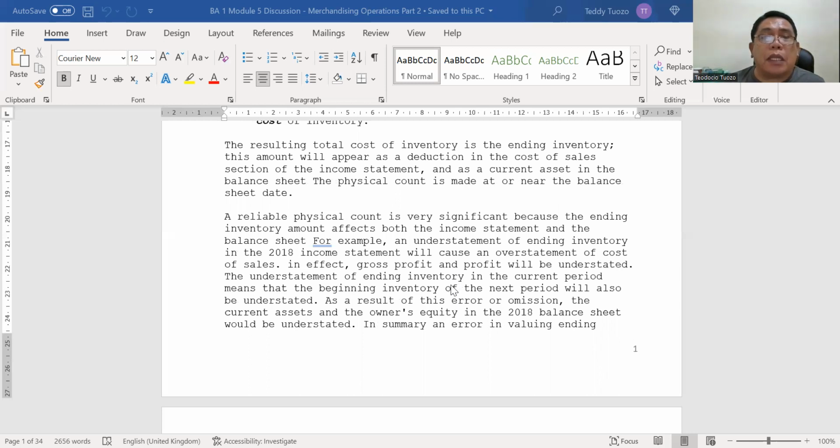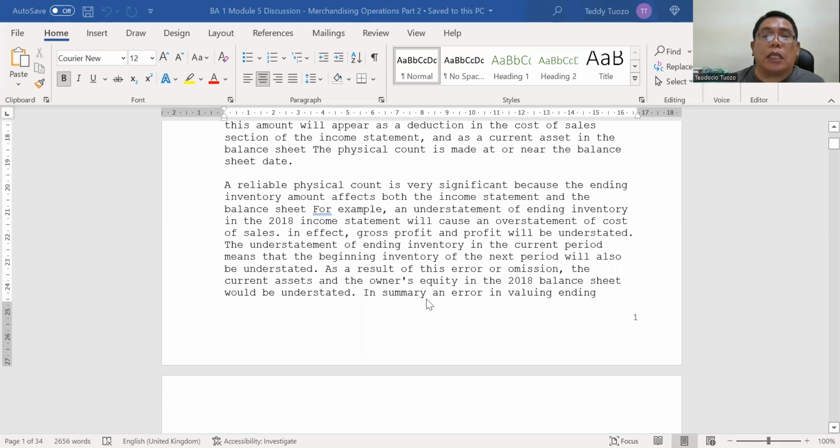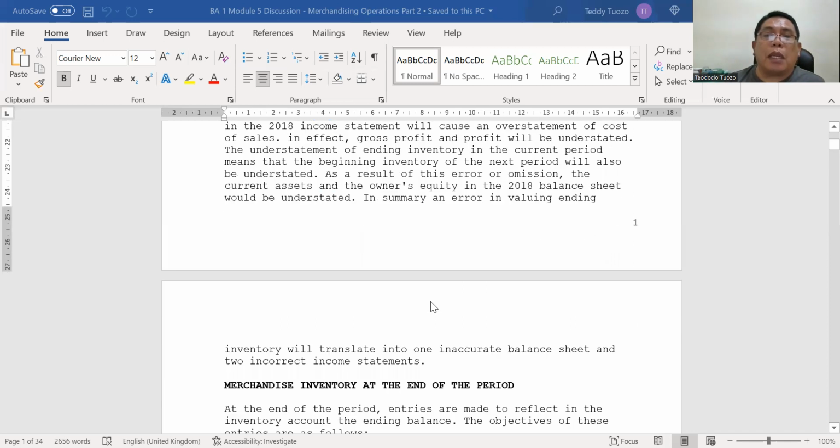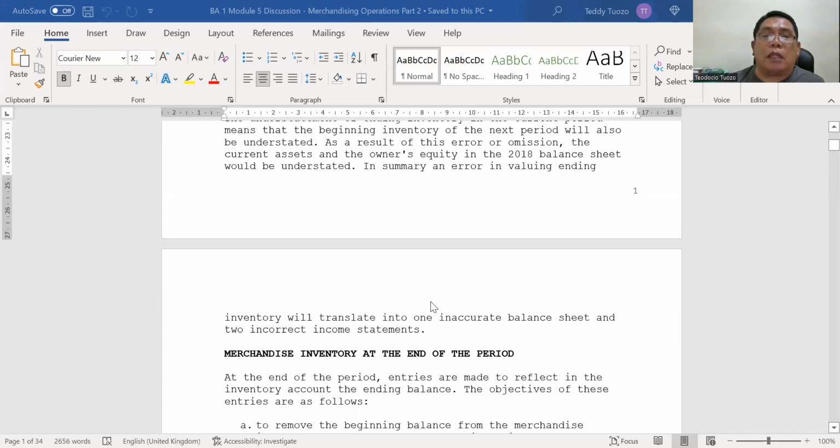The understatement of ending inventory in the current period means that the beginning inventory of the next period will also be understated. As a result of this error or omission, the current assets and owner's equity in the 2018 balance sheet would be understated. In summary, an error in valuing inventory will translate into an inaccurate balance sheet and an incorrect income statement.